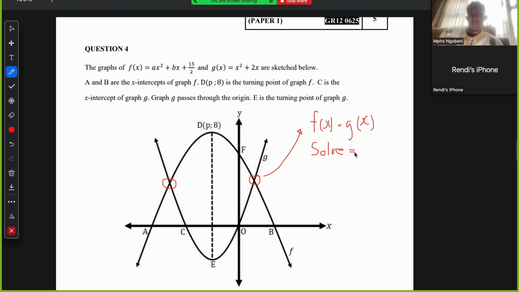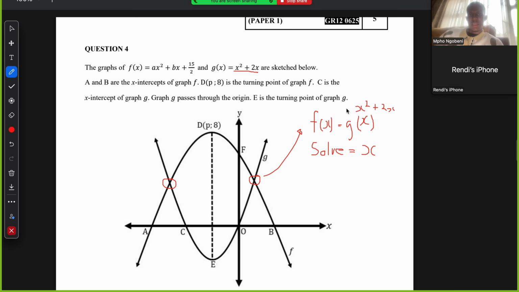Are we solving x or y? No, x. You're going to find x. So when you write down the two equations, meaning here you're going to write the equation of g(x), which is x squared plus 2x.